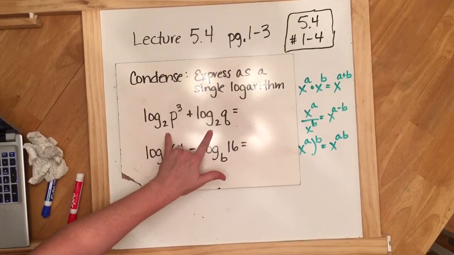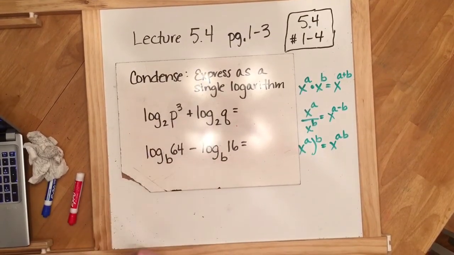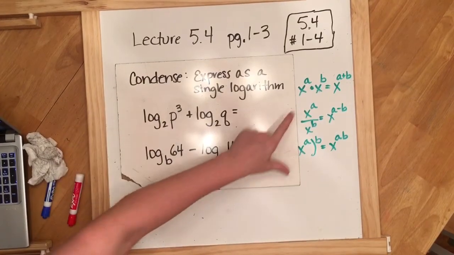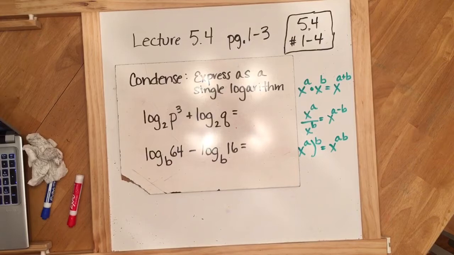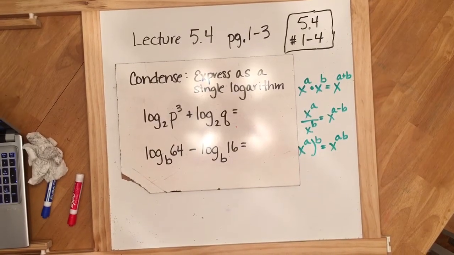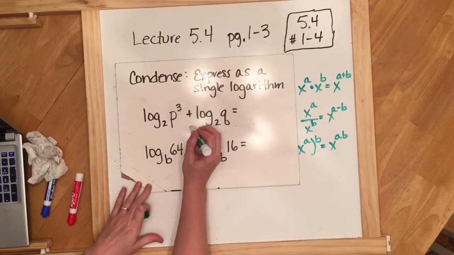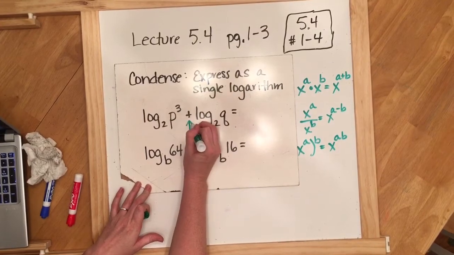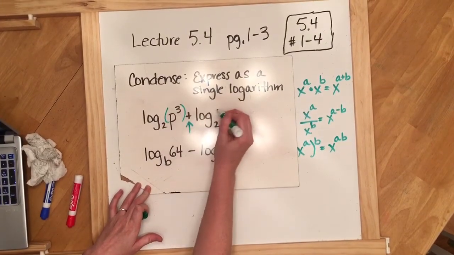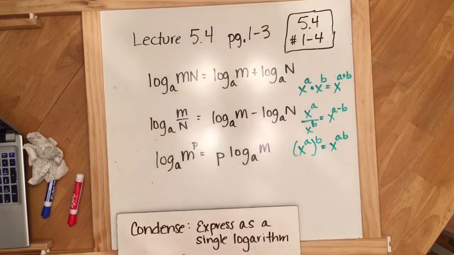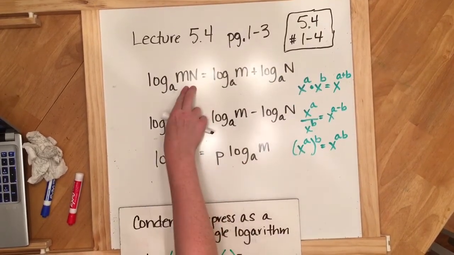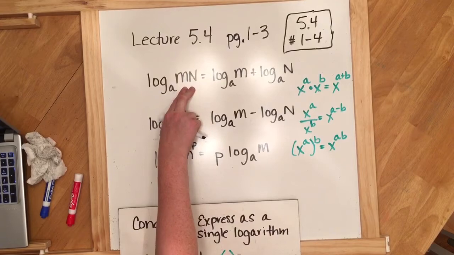So the first thing we notice is that they're both base 2. So we can combine them, just like over here, exponents that have to have the same base. So if we see that the operator here is addition, then we know, flipping back to my properties here, that in order to combine addition, we need multiplication.